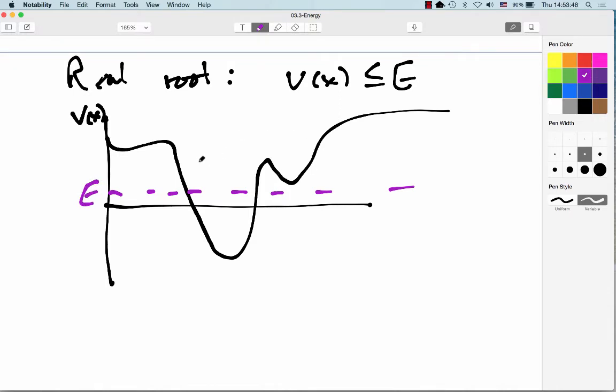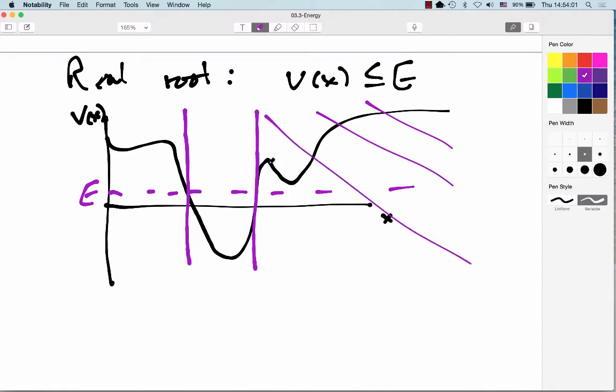So what this means is that if my value of x is anywhere in these cross-hatched regions, well, I actually just can't be there. These are forbidden regions.